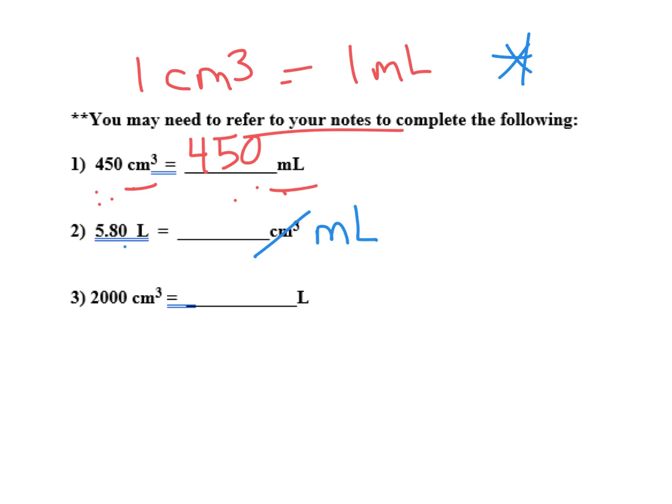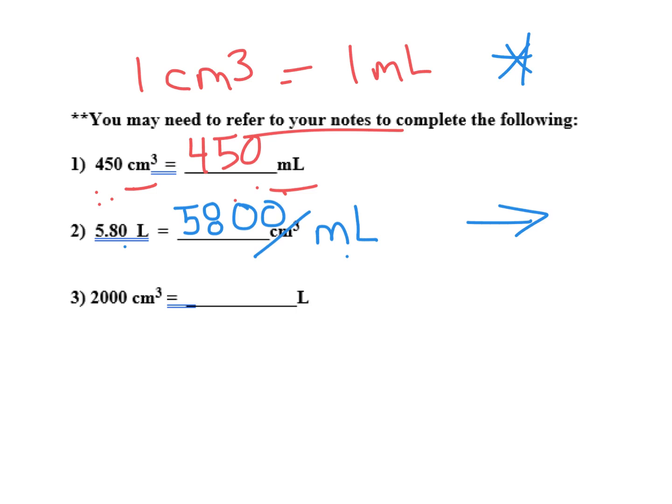If you know liters, how many times are you going to have to move the decimal to get to milliliters? 1, 2, 3.